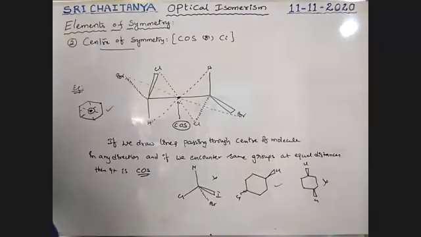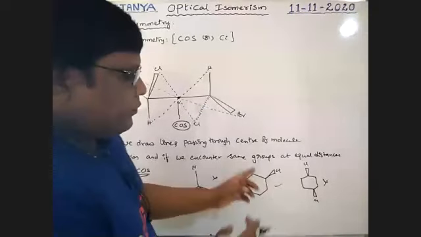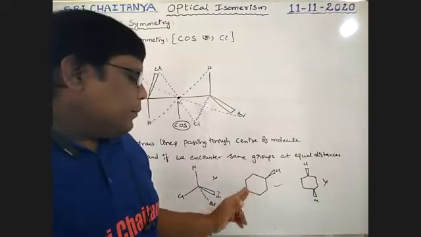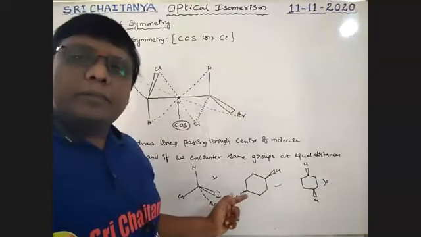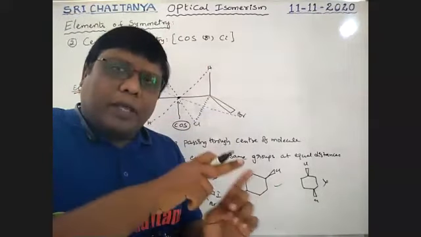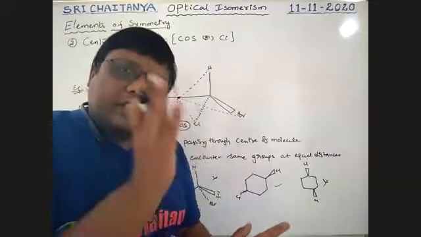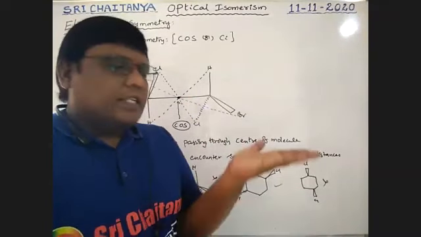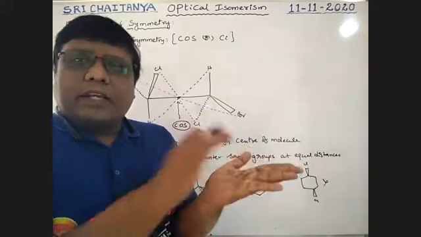Third one. See here, it is above the plane and it is below the plane. If you draw the line above the plane and below the plane, it touches exactly chlorine. This is a cyclohexane.